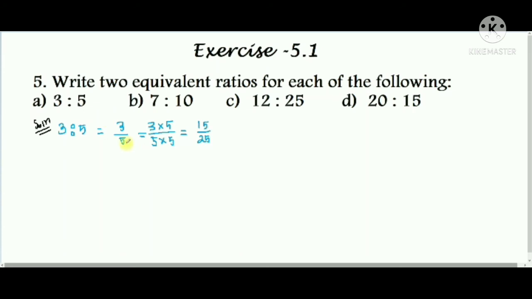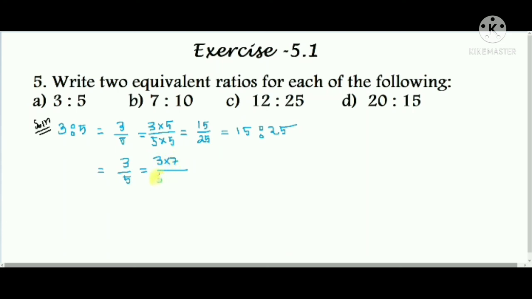Now according to the question we need to write equivalent ratios. So here what we will write is 15:25. This is the first equivalent ratio of 3:5. Two equivalent ratios are asked, so for the next one, same way, 3/5 is given, and as you wish, if you want to multiply by 7, no problem.